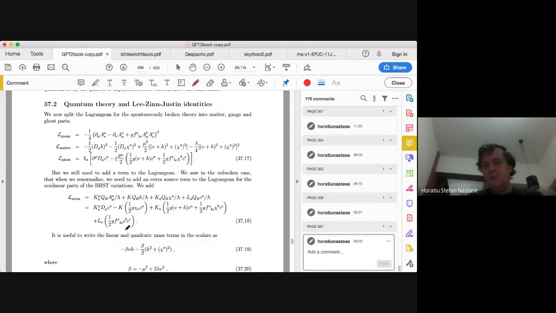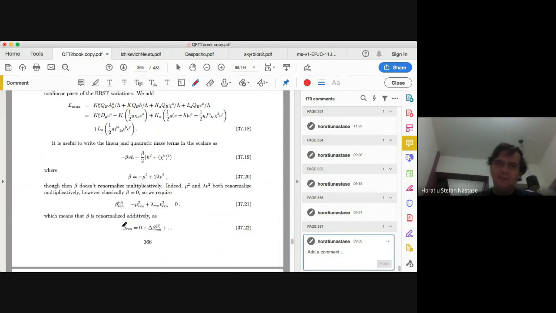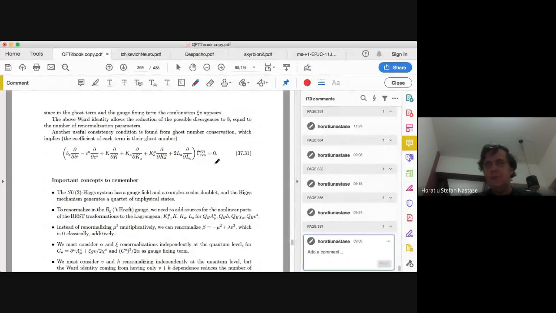Since the ghost number of B cancels the ghost number of C, 2 B's would cancel the ghost number of the 2 C's. So LA is like 2 B's. So in the logarithmic derivative, I add 2 LA ∂/∂LA. So this is the consistency condition on gamma renormalized hat 0 coming from ghost number.